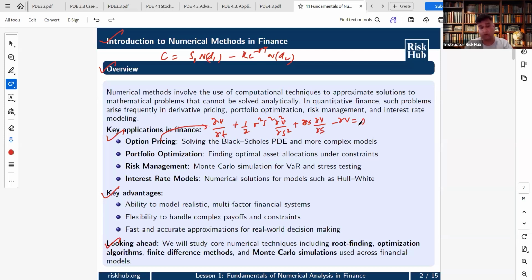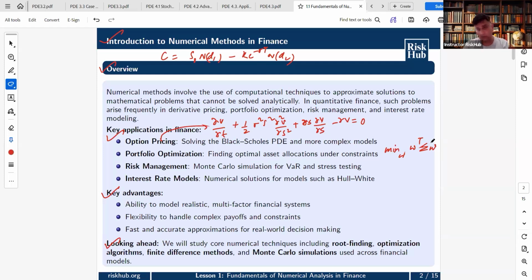Another application is portfolio optimization. Portfolio optimization asks what weights should I allocate to different assets to get the best return for a given level of risk. A classic mean variance problem is: what does this mean?